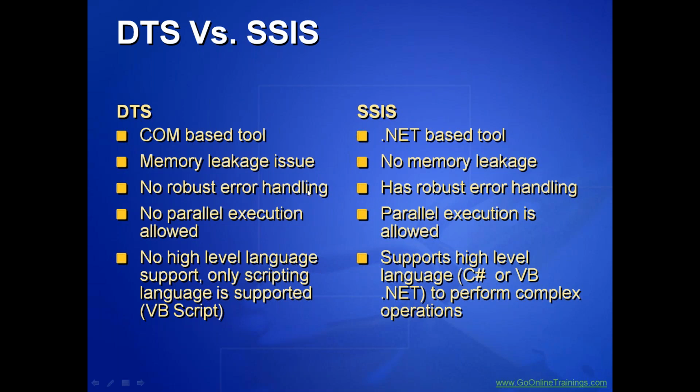Memory leakage was the big issue at that time in DTS. In C, C++, those eras, because I was writing C programming in 1999, 2000. I know when you create any memory dynamically using C or C++, you have to free the memory dynamically.